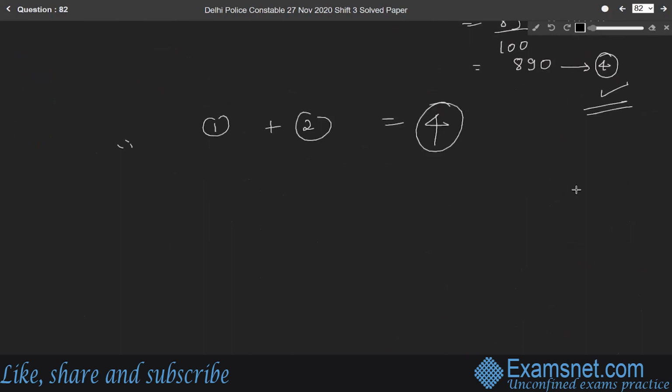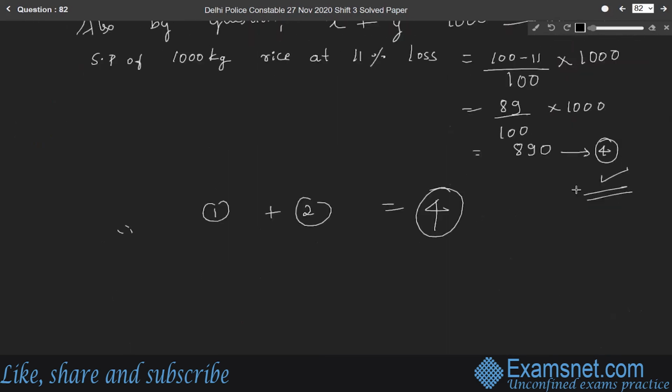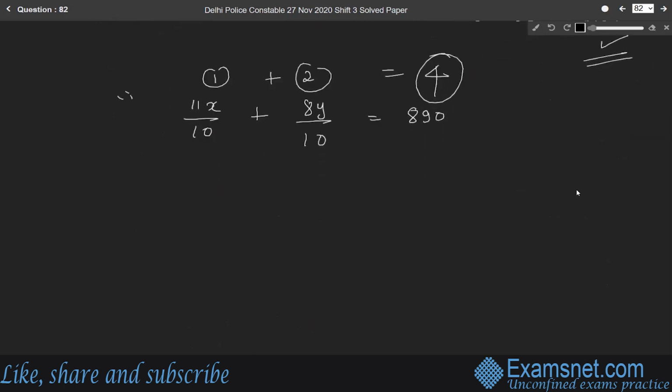Equation 4. So substitute the values. What is 1? It is 11x by 10. 11x by 10 plus 2, which is 8y by 10, is equal to 890. Right? Simplify it.